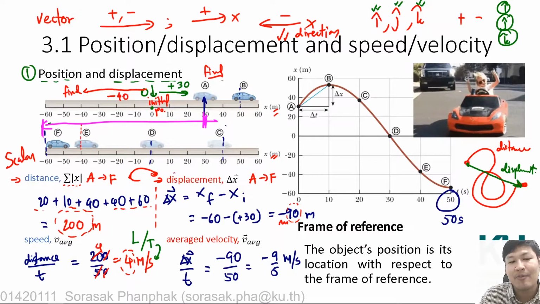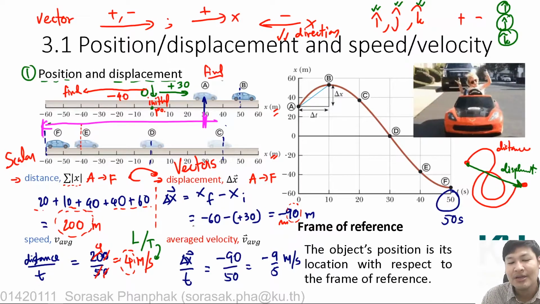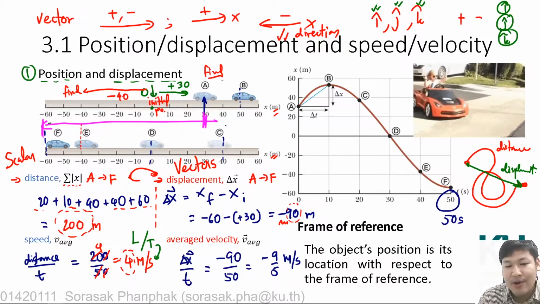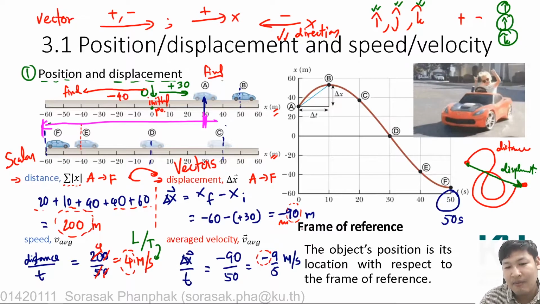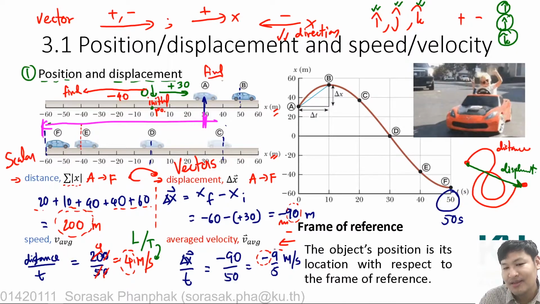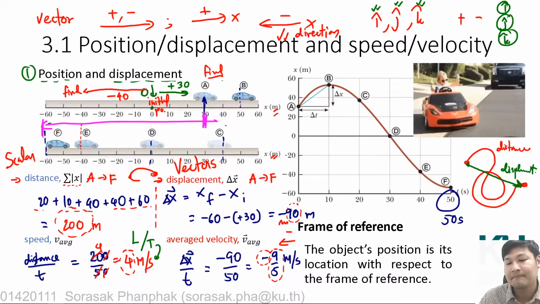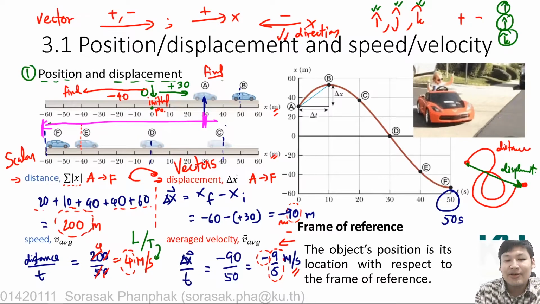But the displacement and velocity are vectors. So the average velocity come with the direction, which is they go backward in terms of direction with this 9 over 5 magnitude in meter per second unit.